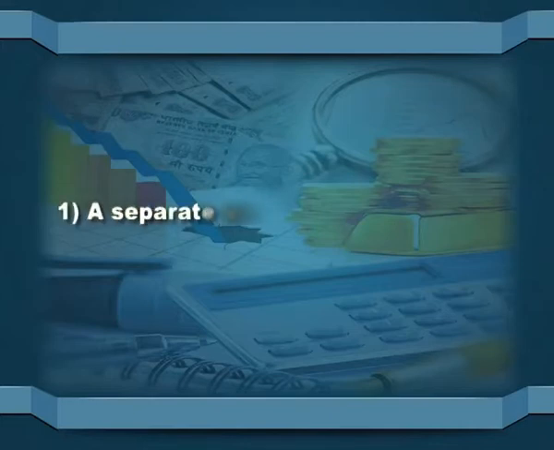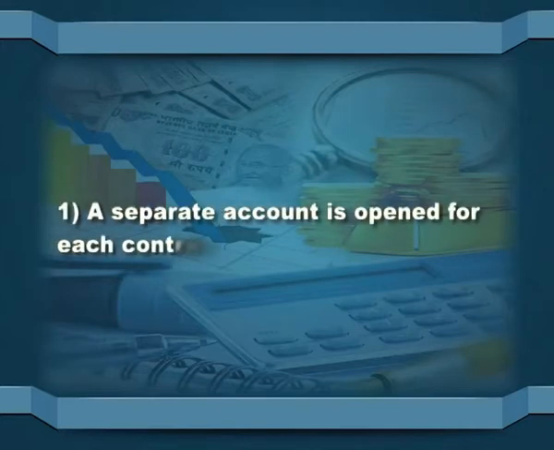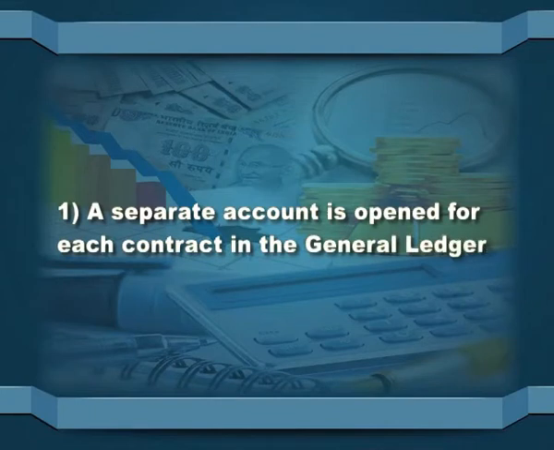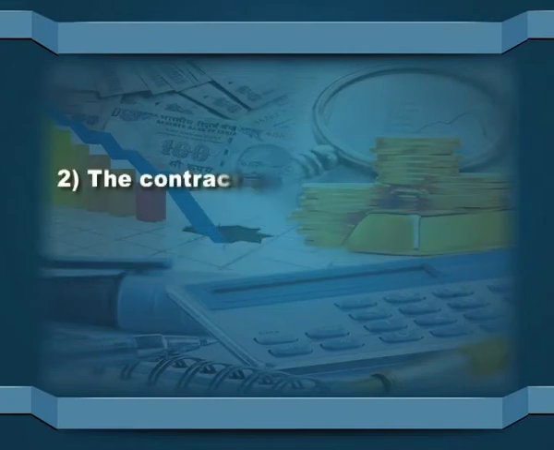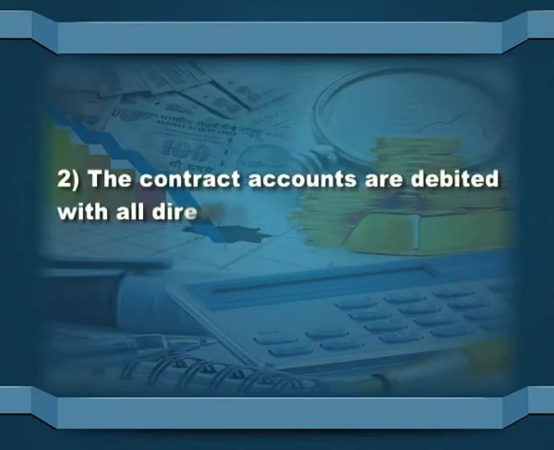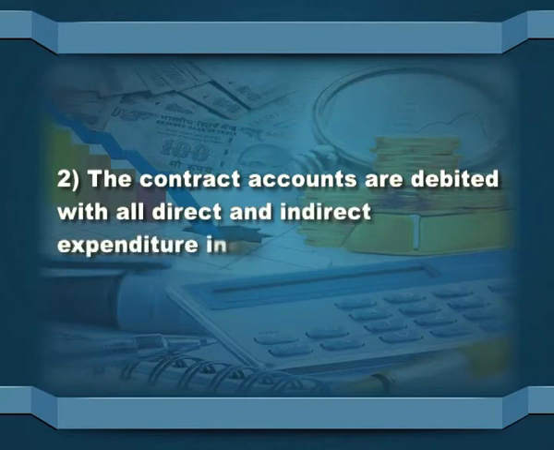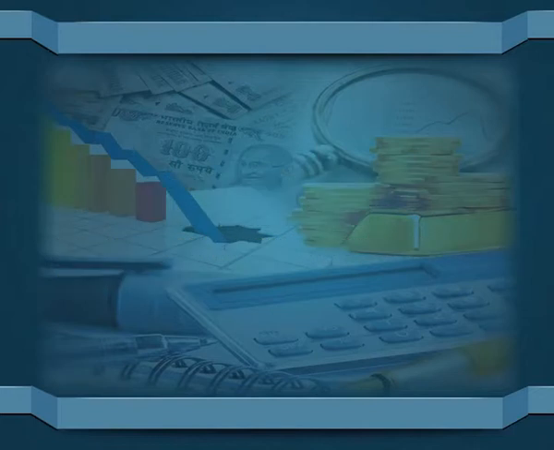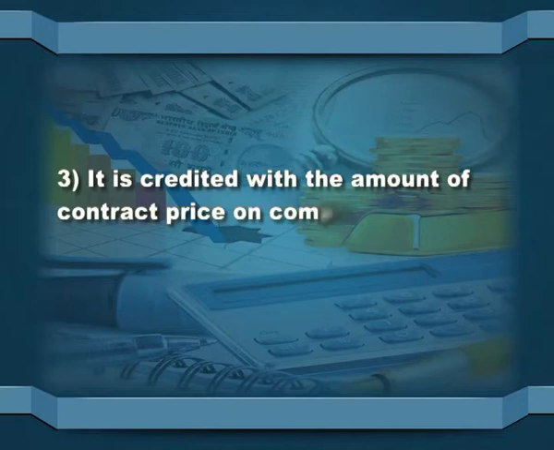Number 1, a separate account is opened for each contract in the general ledger. Number 2, the contract accounts are debited with all direct and indirect expenditure incurred in relation to the contract. Number 3, it is credited with the amount of contract price on completion of the contract.